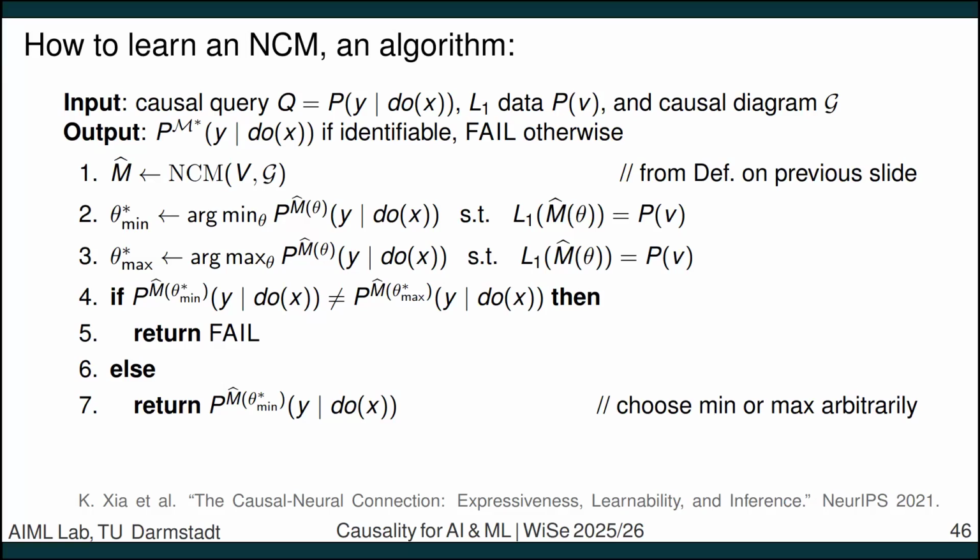In practice, here the authors talk about exact equality. In practice, it's due to training noise, sampling noise, and so on. We might allow for small errors and then maybe take the average of the minimum and maximum to return. And still, you might wonder, what if the query is not identifiable, but these bounds are very close together?